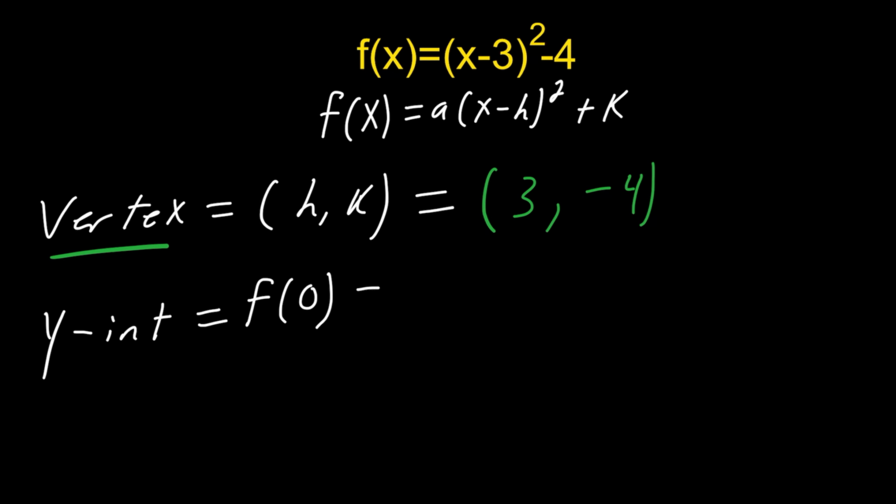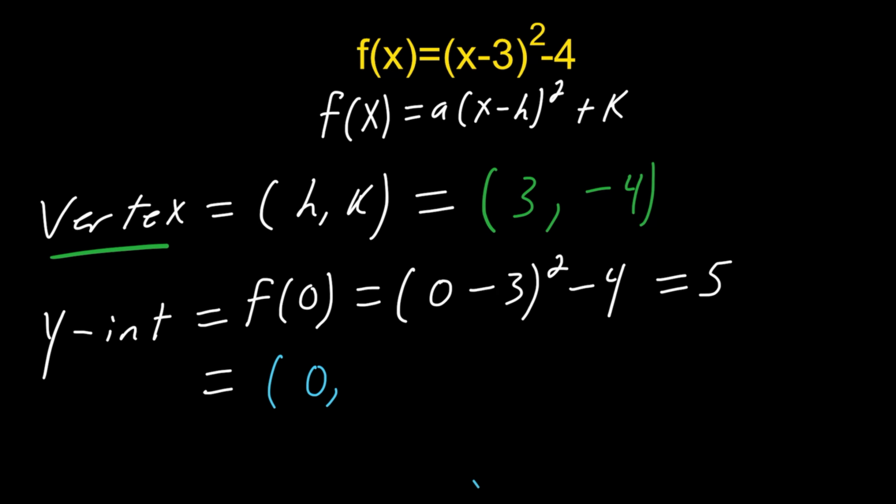Every time we see an x, we substitute a 0. 0 minus 3, squared, minus 4. What is 0 minus 3? That's negative 3. Negative 3 squared is 9. 9 minus 4 is 5. So the y-intercept is (0, 5). That's another point that we've got.